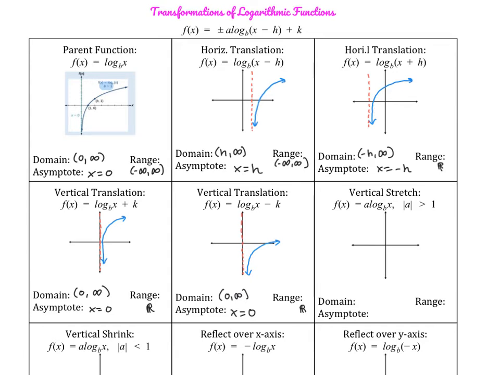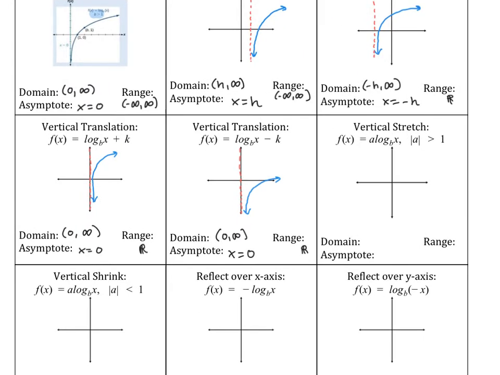Okay, so now let's talk about what if we multiply our entire function by some value. So here you can see we have that a being multiplied out front. So let's first assume that the absolute value of a is bigger than 1. We call these types of transformations a vertical stretch by a factor of a. So really that's just going to make our graph stretch more upward than our original graph.